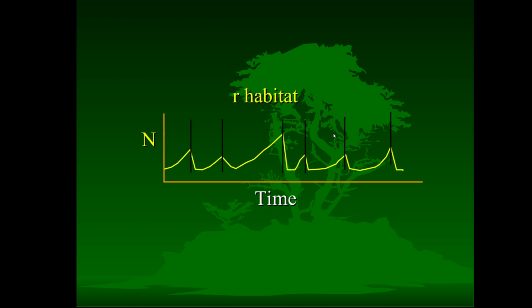So we have an R habitat in which we have density independent factors keeping the population at low density. So there's not selection for high competitive ability, but rather selection for fast, explosive reproduction as soon as you can, before a density independent factor comes in and wipes out your population.